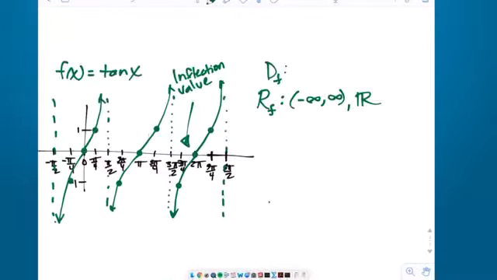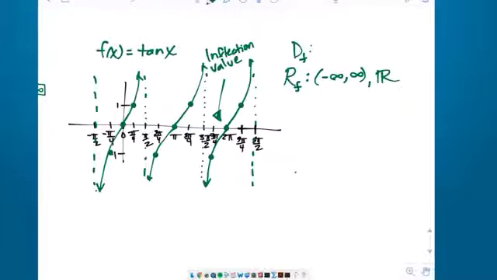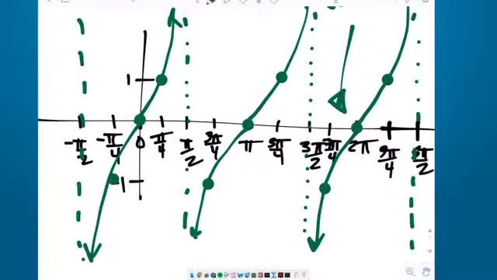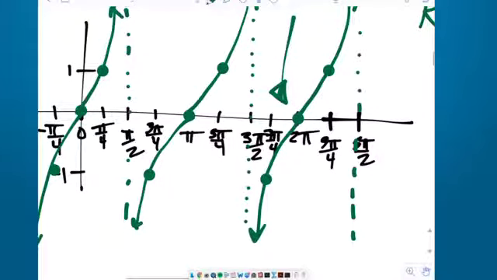What's that? Yeah, the x-intercepts are, what about the intercepts? Well, let's list the domain first, right? The domain is everywhere except where there's a vertical asymptote. And we have a vertical asymptote at pi halves, 3 pi halves, 5 pi halves.